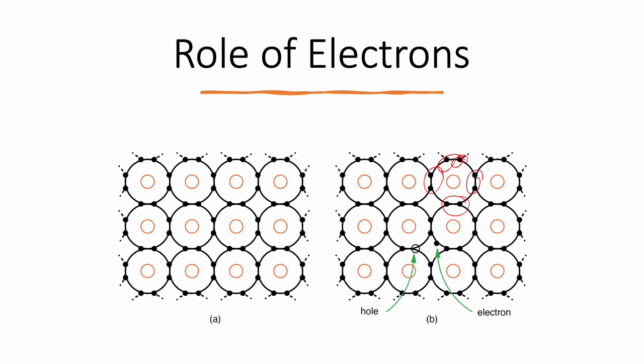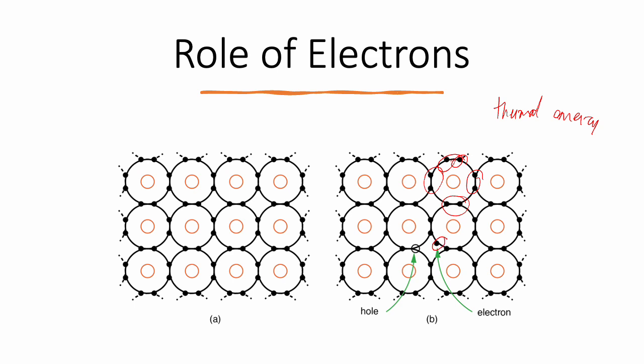Meaning in here, electrons are not free to move about the crystal lattice. However, if we have thermal energy, this thermal energy can create a few electron-hole pairs, resulting in weak conduction.